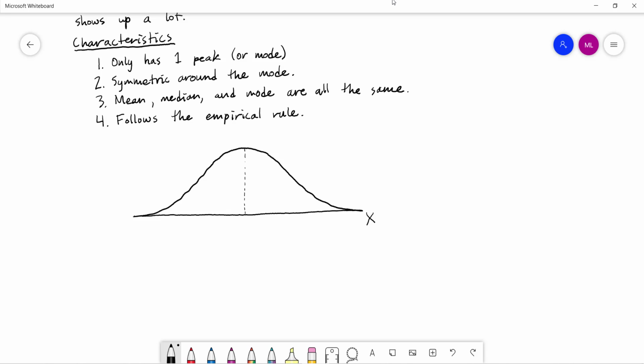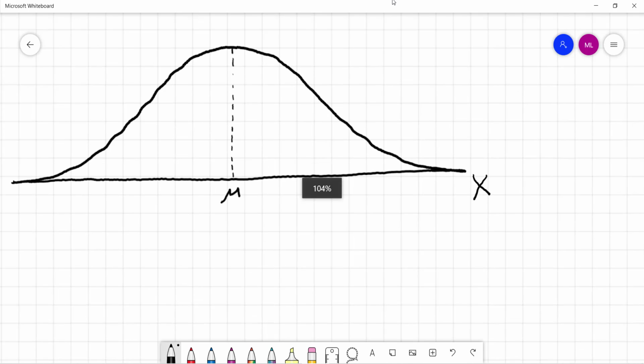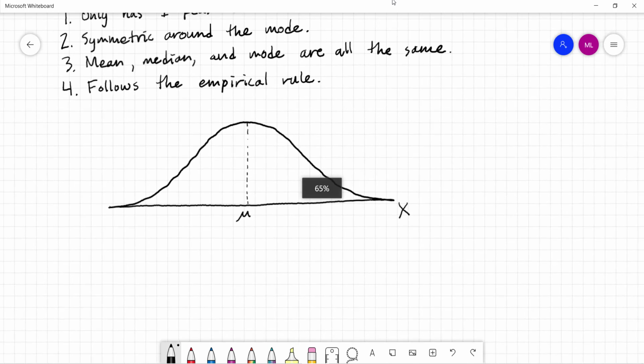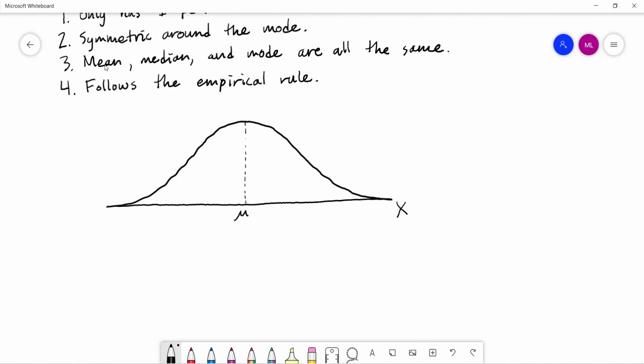So what is this point right here at the center? Well, we said it's the mean, median, and mode. The easiest one to keep track of is the mean. So I'm going to label the center of our graph here. Let's draw that a little bit bigger. I'm going to label it mu because that's what we use for the mean. This is the mean of our distribution.